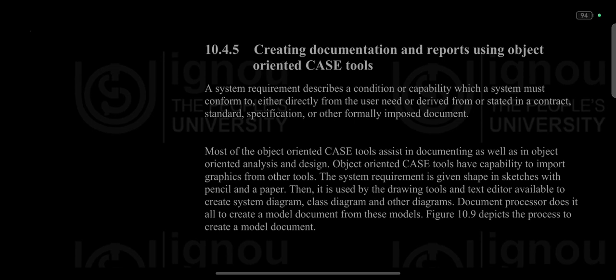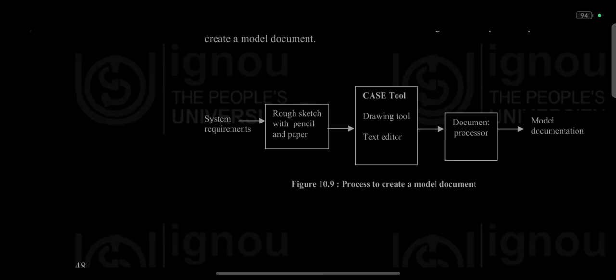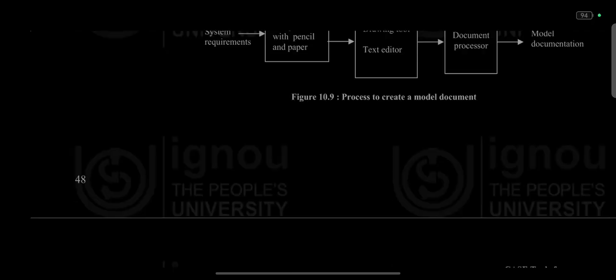The document processor then creates a model document from these models. Figure 10.9 depicts the process to create a model document: system requirements, rough sketch with pencil and paper, CASE tool, drawing tool, text editor, document processor, model documentation.